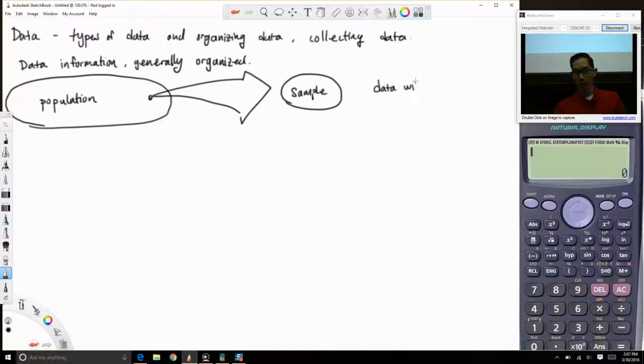Data will almost always come from a sample. And so when we talk about looking at a sample of data, we can arrange the data from our sample into a data table.